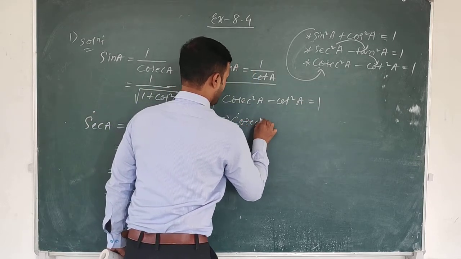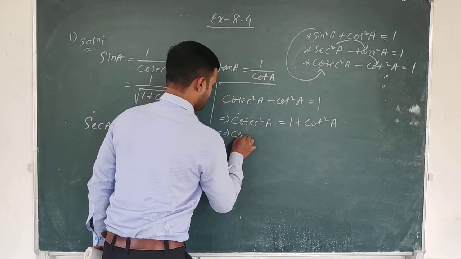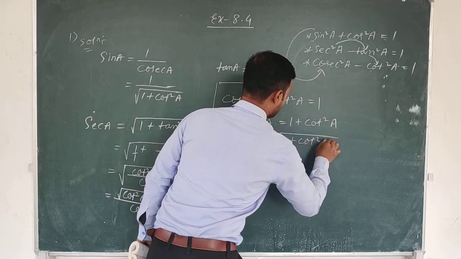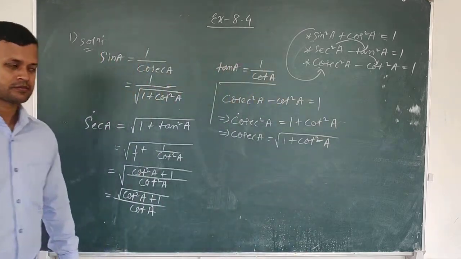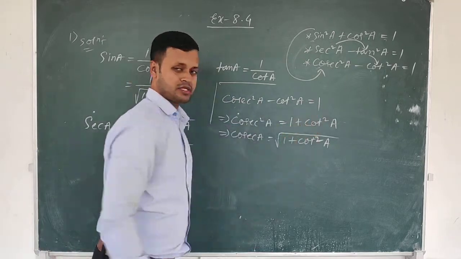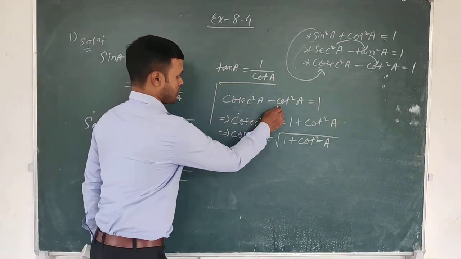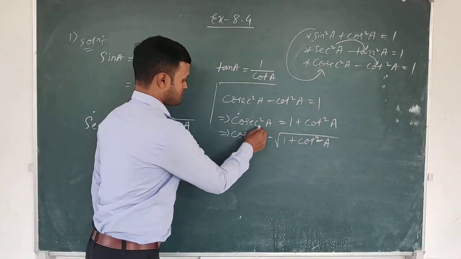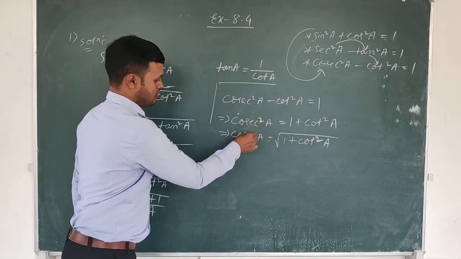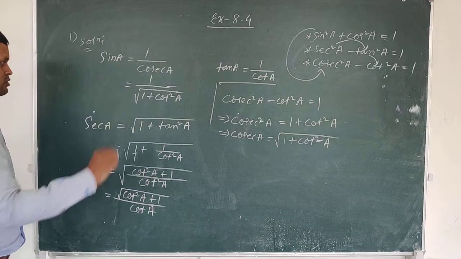Now cosec square A is equal to 1 plus cot square A. Now taking square root on both sides, the square will go on this side, and on the other side we get root over 1 plus cot square A. Okay, so in place of cosec A just write root over 1 plus cot square A.